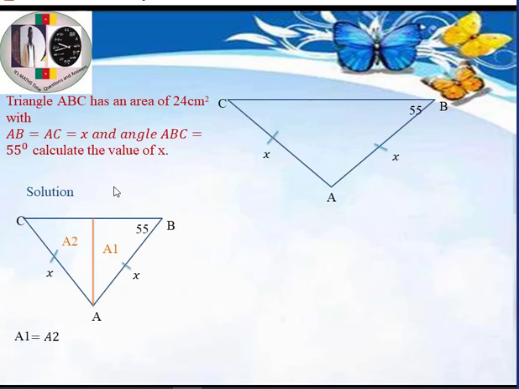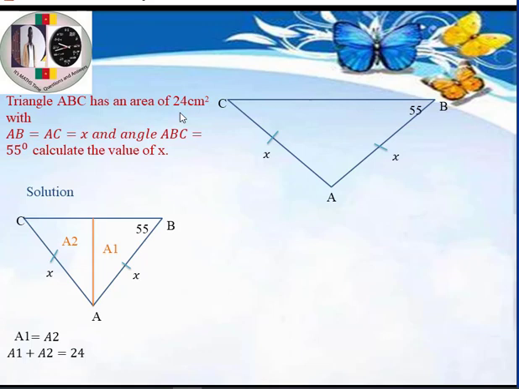And if we say that, then the area of A1 plus the area of A2 will give us the total area of the triangle ABC, which is 24. So A1 plus A2 is equal to 24.